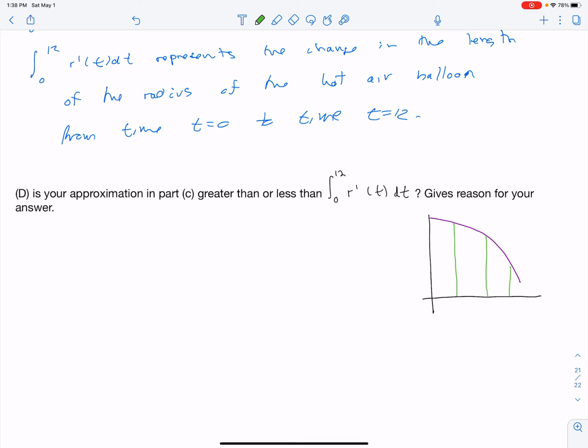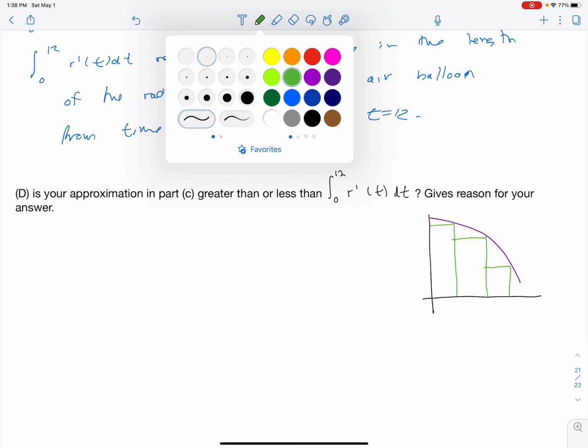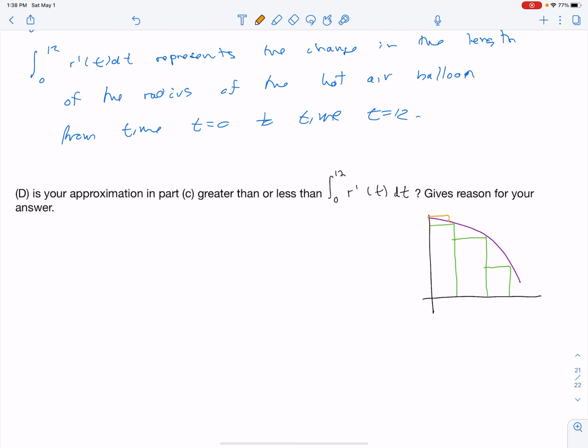If we're using the right-hand side for each of these rectangles, our estimate is going to be an underestimate, because those rectangles lie below it. If we were using left-hand side rectangles, we would have an overestimate.